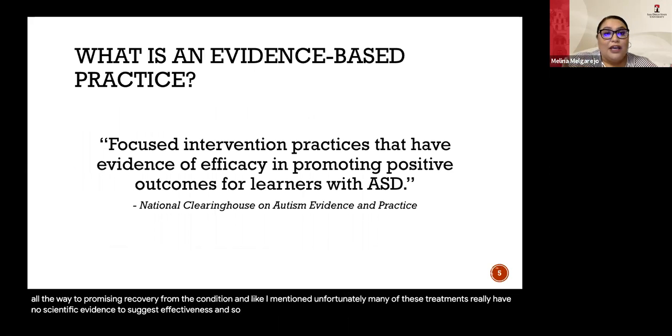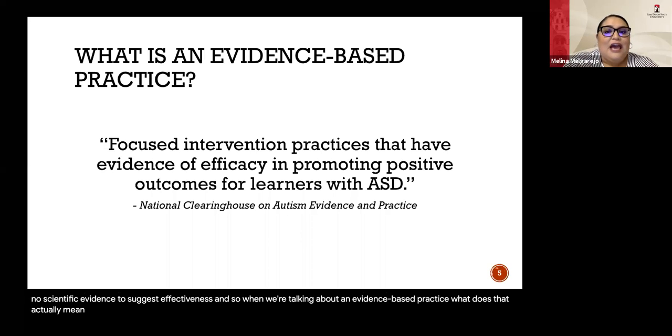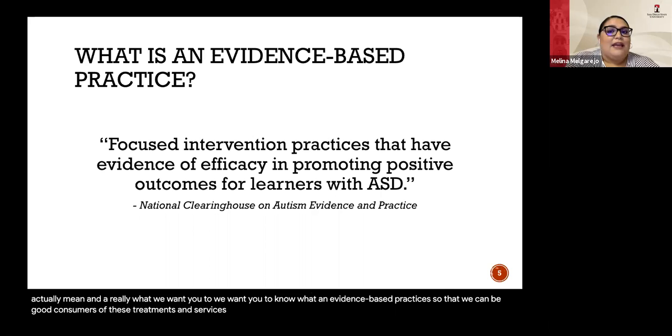And so when we're talking about an evidence-based practice, what does that actually mean? And really what we want you to know is what an evidence-based practice is so that we can be good consumers of these treatments and services. And again, one of the best ways to do that is to really understand what an evidence-based practice is.